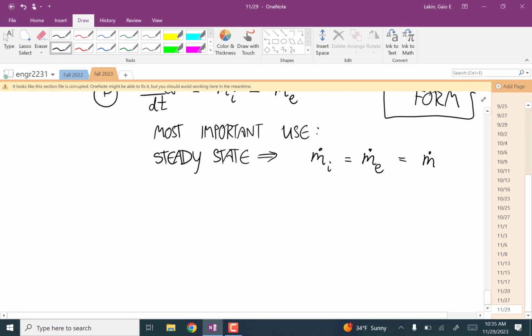Okay, so finally we get to the first law. And this is conservation of energy.